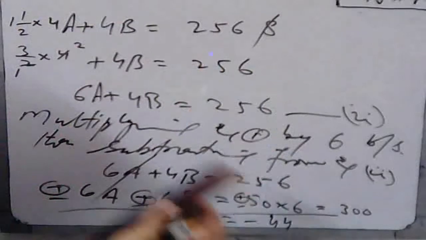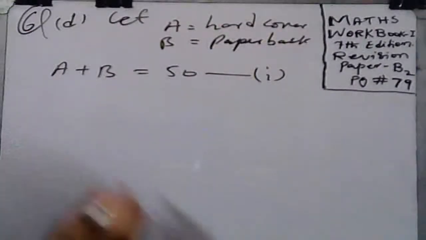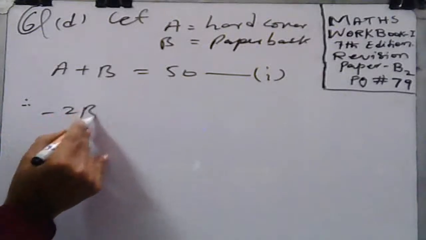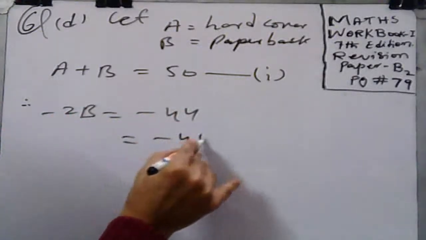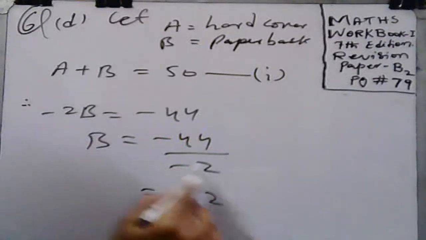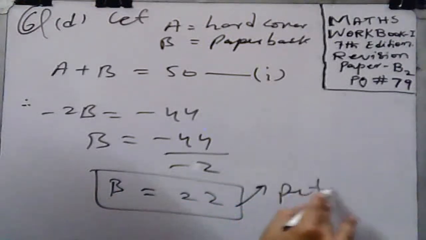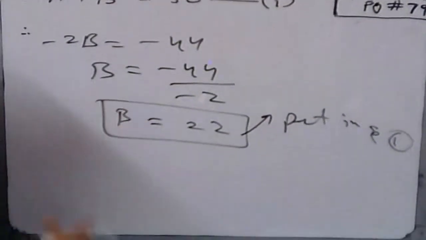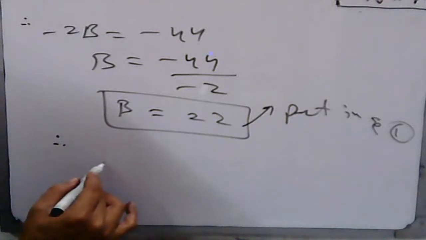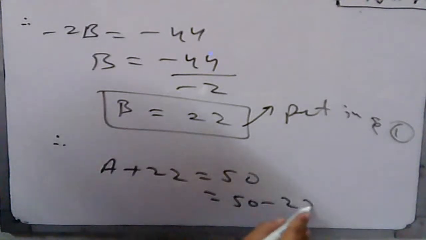Therefore minus 2B is equal to minus 44. We need the value of B, so dividing by minus 2 you get 22, the minus signs cancel, so the value of B is 22. Put it in equation 1: A plus 22 is equal to 50, so the value of A is 28.